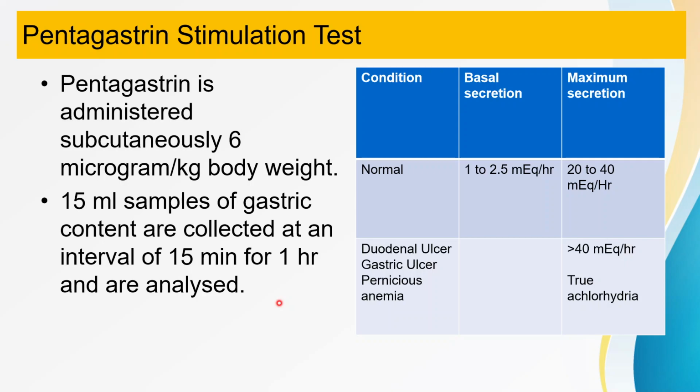In the case of duodenal ulcer, the maximum gastric acid secretion will vary from 15 to 80 milliequivalent per hour, and will be more than 40 milliequivalent per hour. In Zollinger-Ellison syndrome, there is an elevated level of basal gastric secretion, even in the unstimulated state, of more than 10 milliequivalent per hour. So this is about the pentagastrin stimulation test.